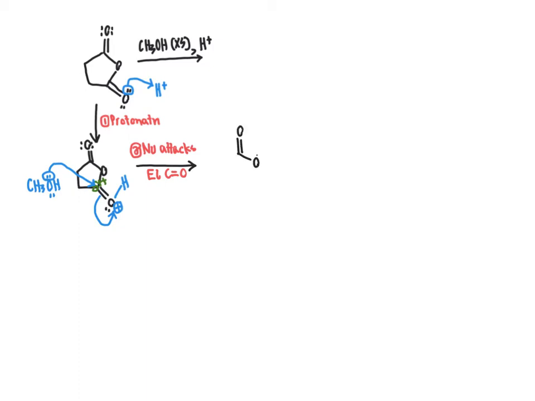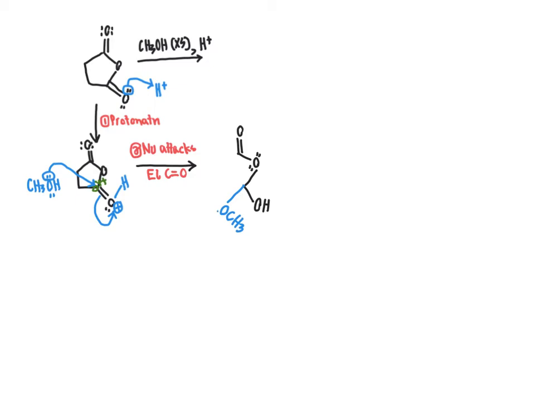Still have our 5-carbon ring intact, at least for now. And now, rather than having a pi bond there, we have a single bond going out to a hydroxy group. We have now a new bond to CH3OH via the oxygen being the link that connects it to the rest of the molecule, so OCH3.